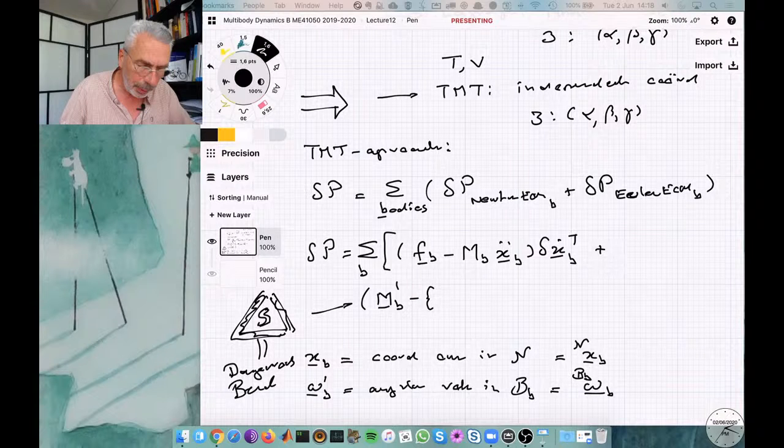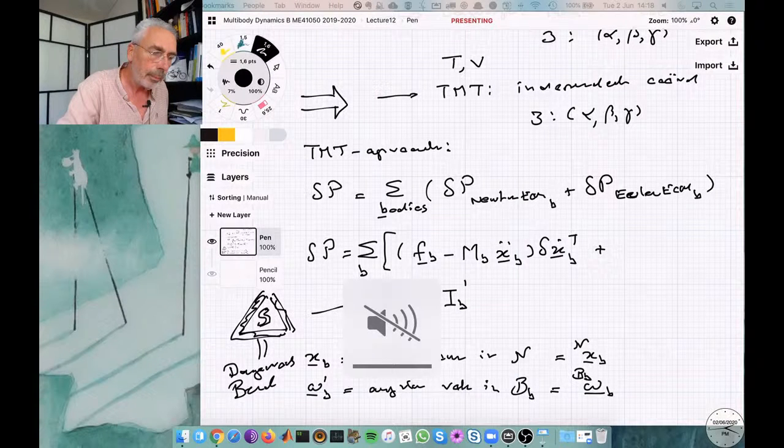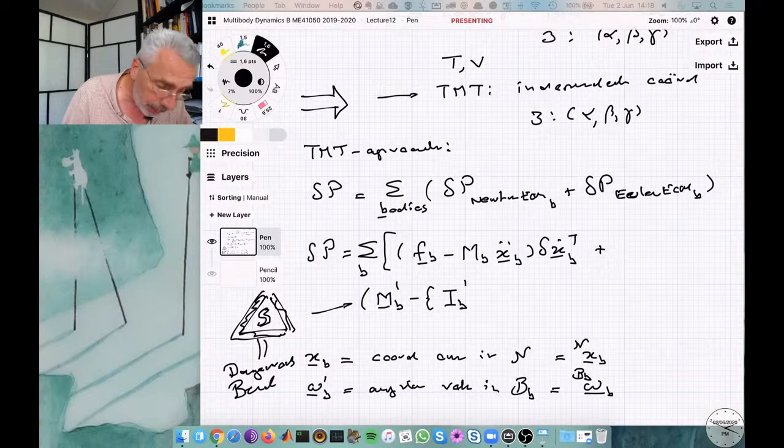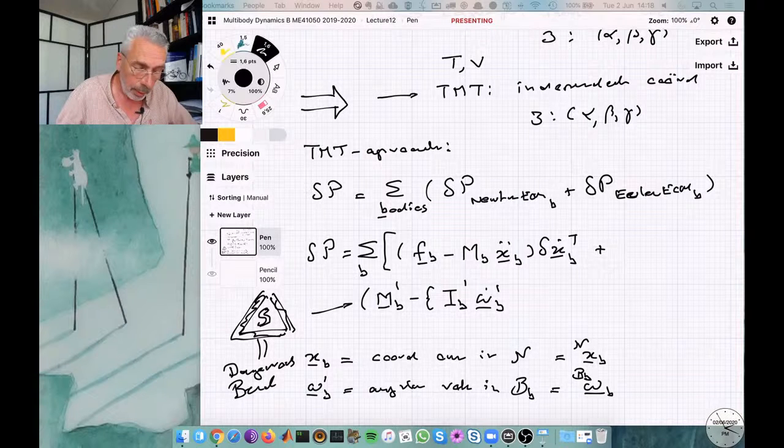So we have the mass moments of inertia matrix for every body, expressed in the body fixed frame, times the angular accelerations of that body, and then plus we have all these convective terms, cross, and then these guys. This was the angular momentum, right? Yeah, and then we're done.